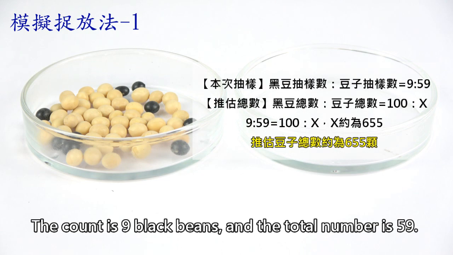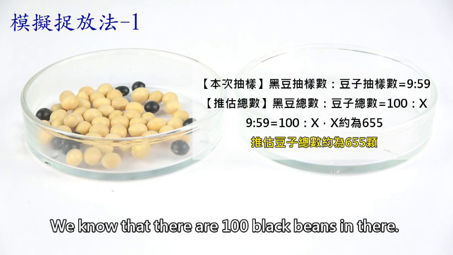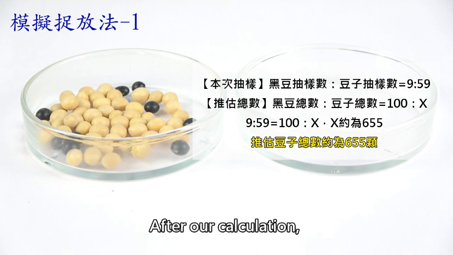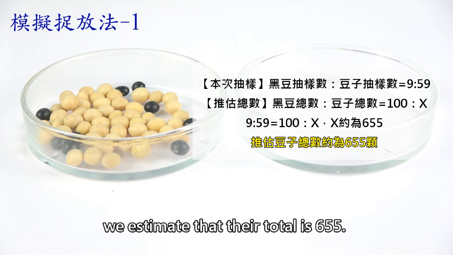The count is 9 black beans and the total number is 59. We know that there are 100 black beans in there. After our calculation, we estimate their total is 655.